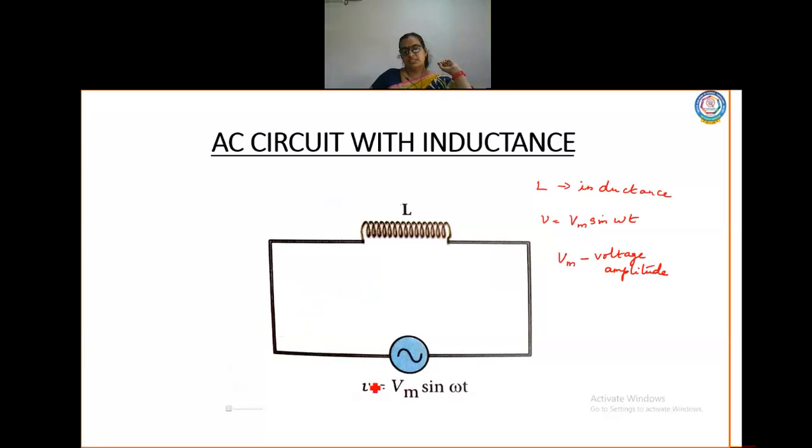Now which is the voltage given here? Let me start with the alternating voltage that is given, V equal to Vm sin omega t. Let this be equation 1.